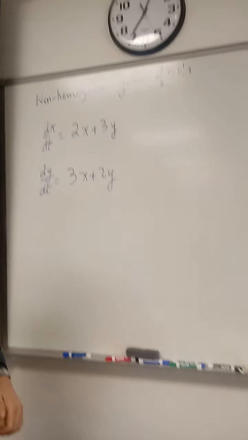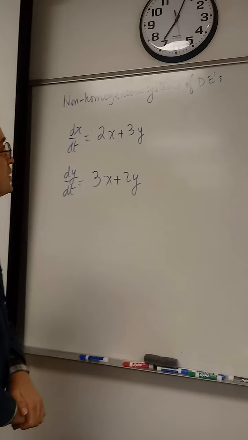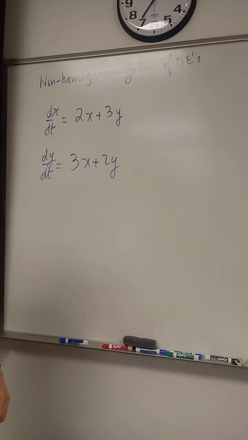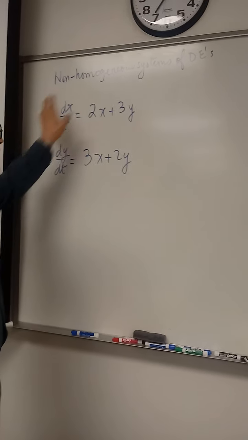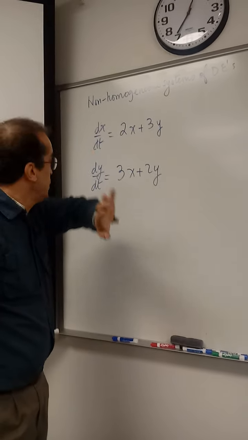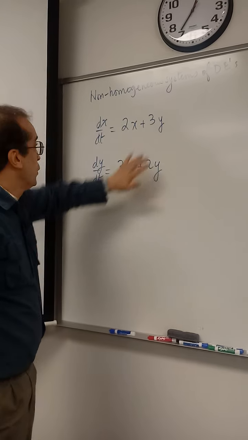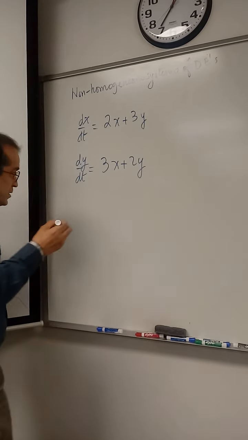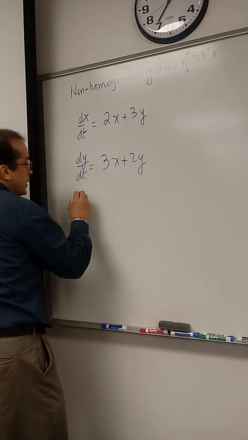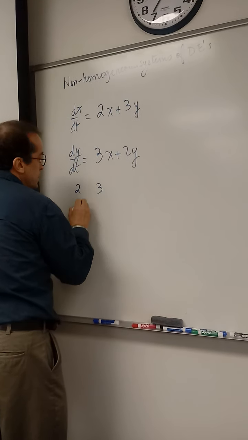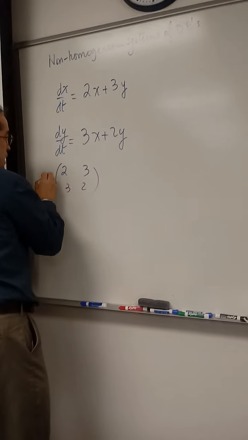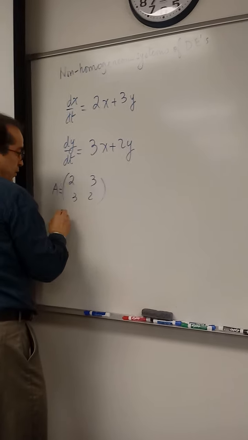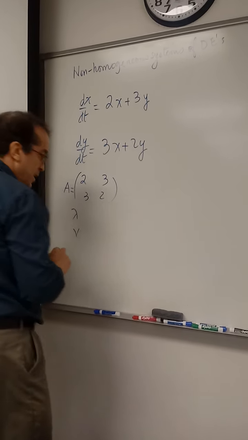Today, we're going to discuss non-homogeneous systems of differential equations. This is a homogeneous system. We already know how to solve these. In order to solve this system of differential equations, we isolate the coefficients matrix, find the eigenvalues, find the eigenvectors, and then solve.